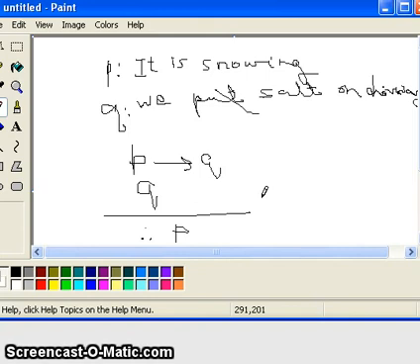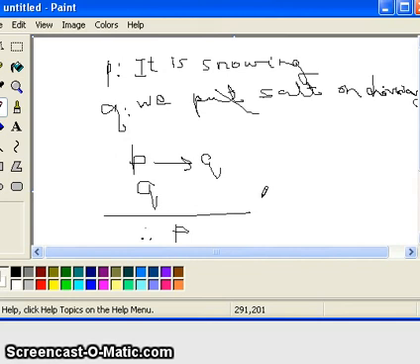What this tells us is that we put salt on the driveway, therefore it is snowing. The first part says if it is snowing, then we put salt on the driveway. The second part says we put salt on the driveway, therefore it is snowing.